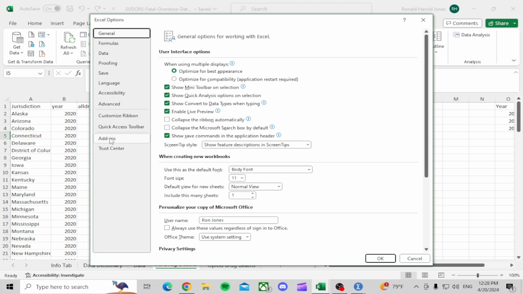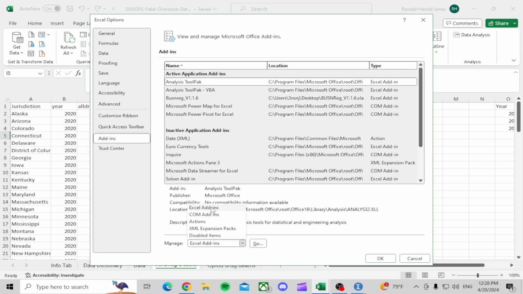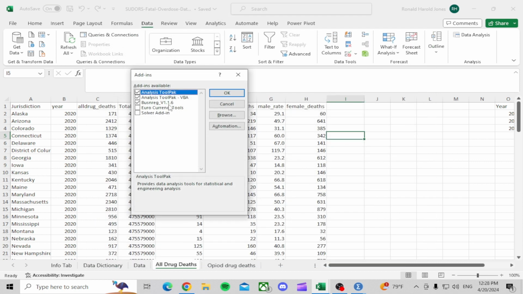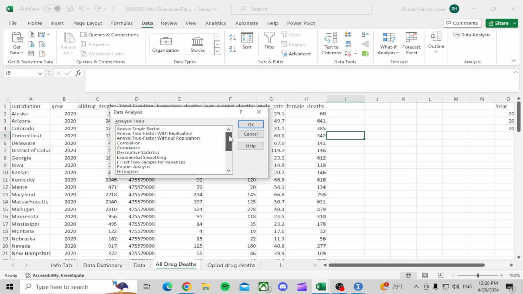You'll go to Add-ins right here, Excel add-ins. Make sure it's Excel add-ins, and then Analysis ToolPak. You want to check those two. You'll hit OK. Then you'll go up to your Data tab. You'll have Data Analysis right here. You're going to want to scroll down to Regression, as we have here. I'll hit OK.